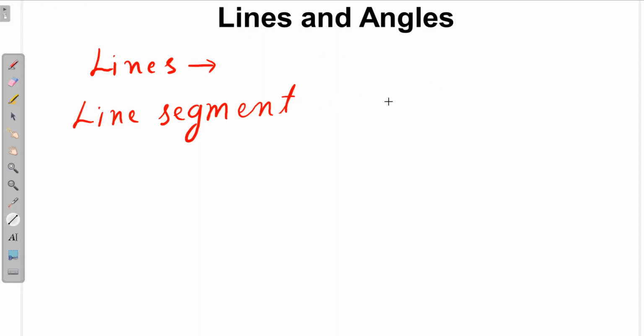Suppose that I draw this line. This is the straight line and it contains 2 points, one is this point and other one is this point. So these are the 2 end points, and this is called the line segment.